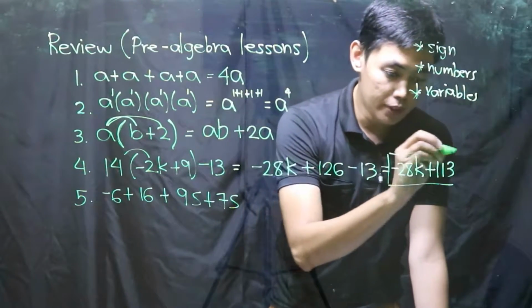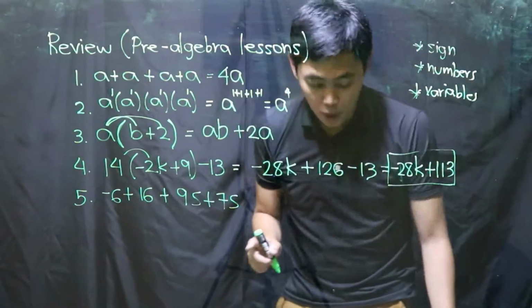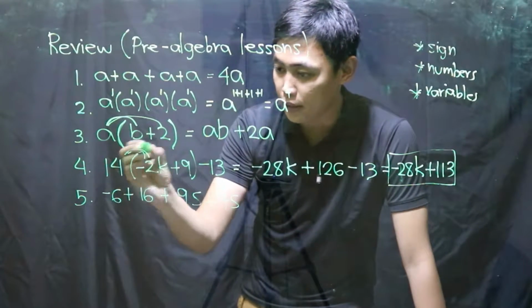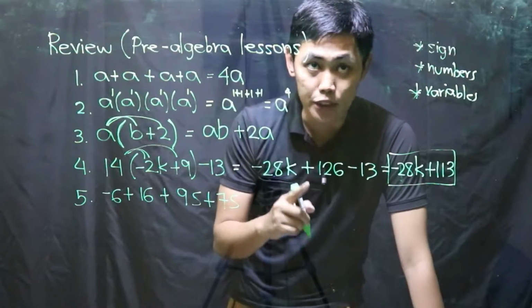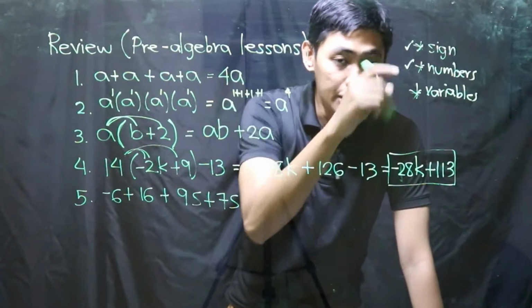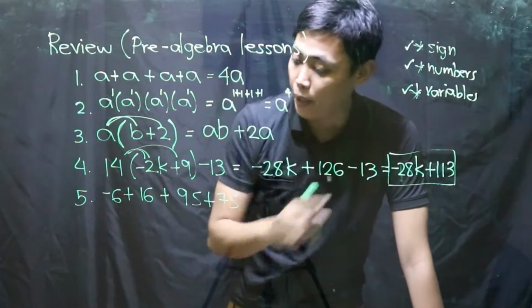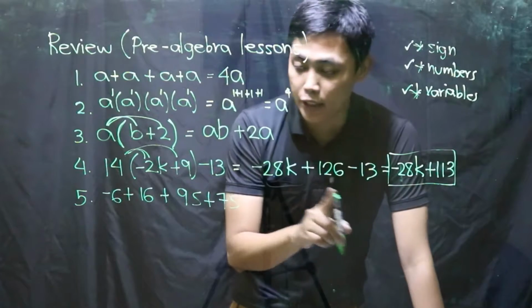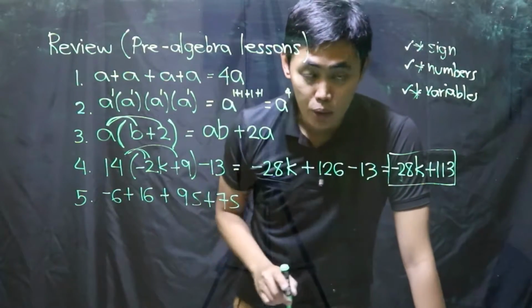Okay? So, to recap, first we distribute 14 to this number. Doing the distribution means that you will first consider the sign, next the numbers, and next the variables. And then after, we simplify it further by subtracting 13 from 126.